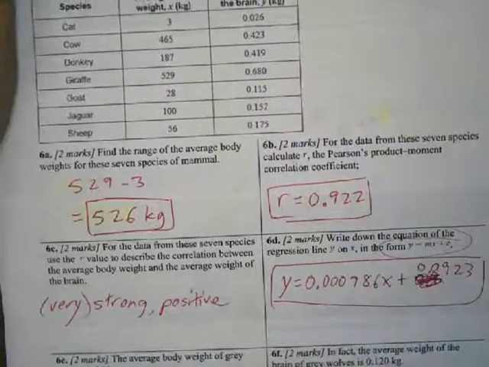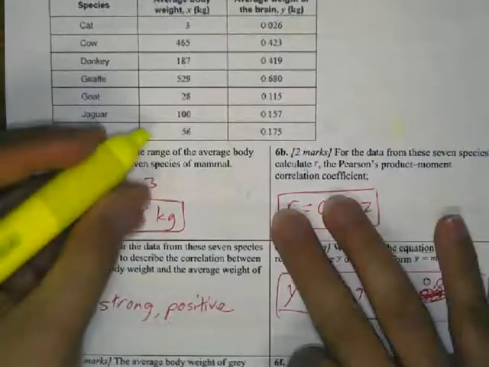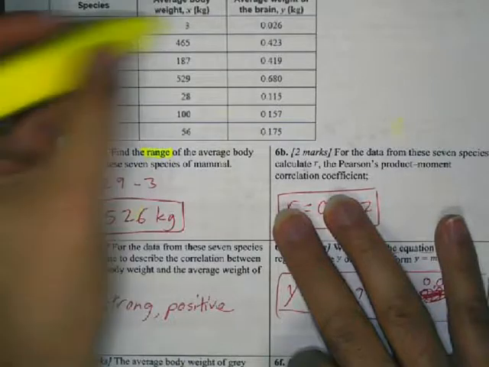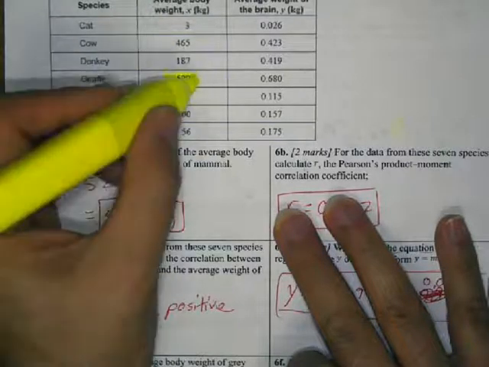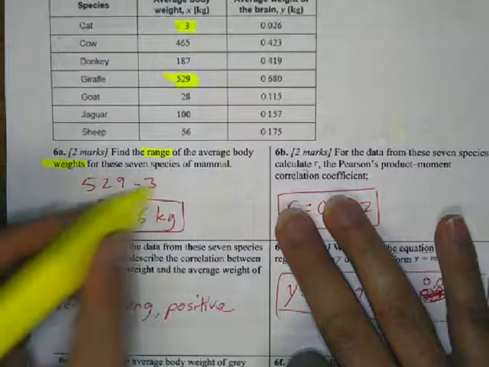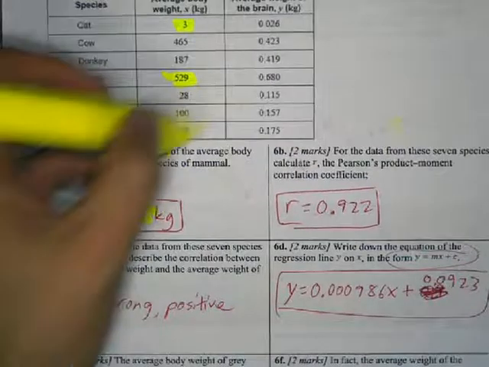Last question. Okay, so the range between weights, basically I take the heaviest animal and the lightest animal and I subtract their weights. You put this in here, you get your R value.